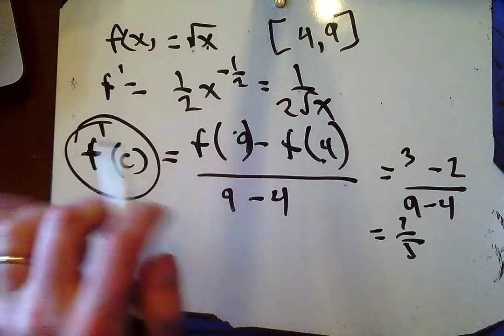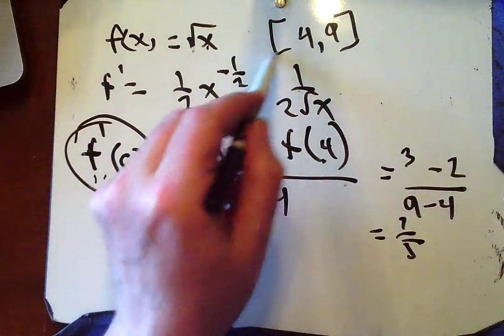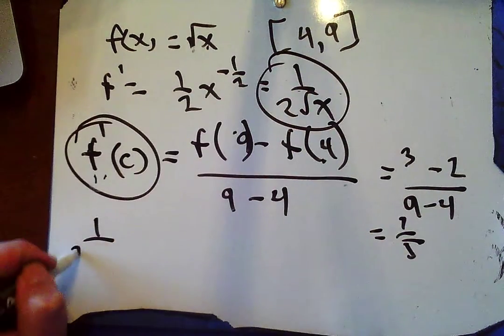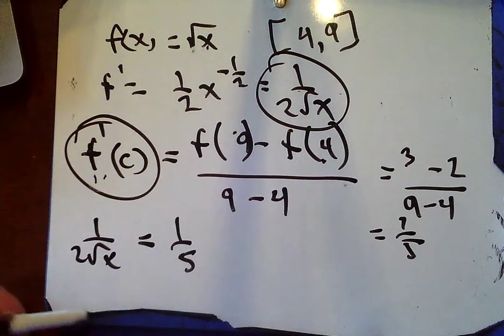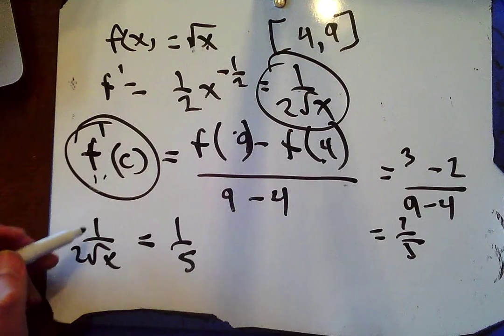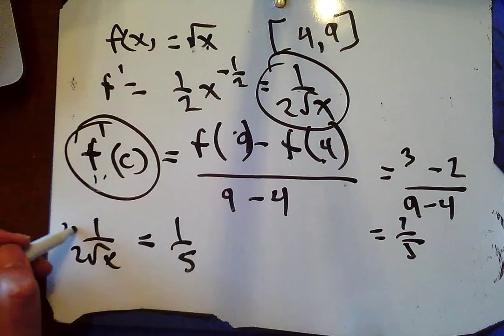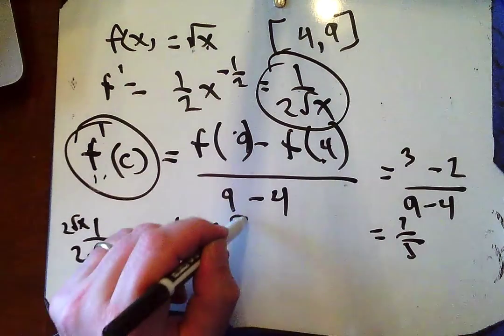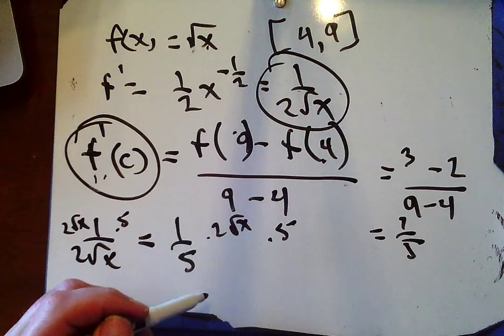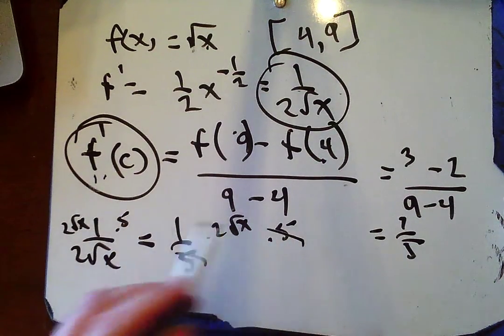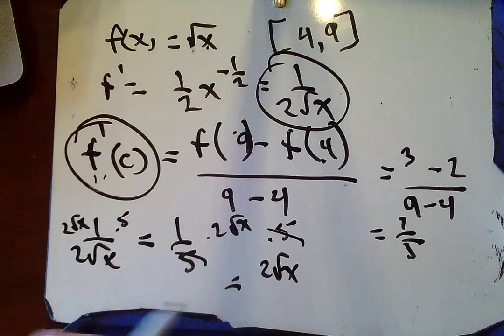Well, let's replace this f prime of c with f prime: 1 over 2 root x equals 1/5. So I'm going to multiply both sides by 2 root x and by 5. Those will cancel, and I'll have 2 root x here.